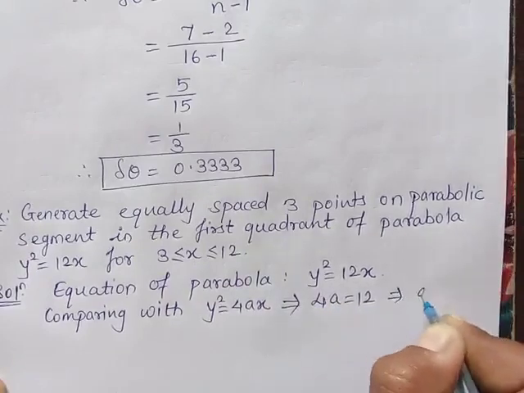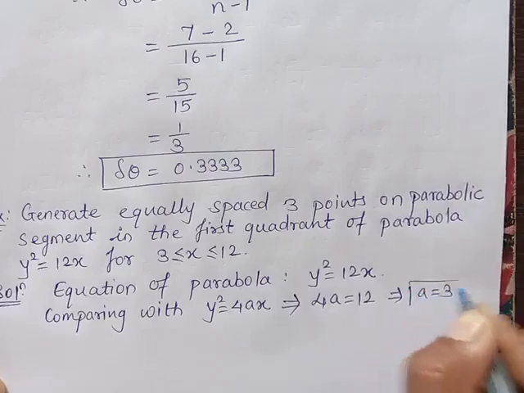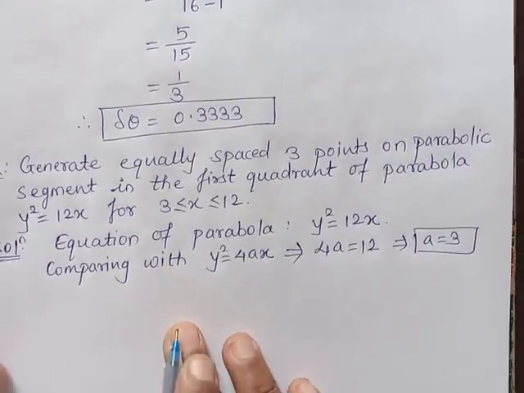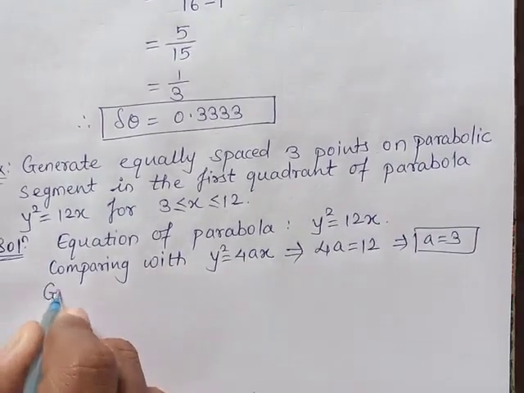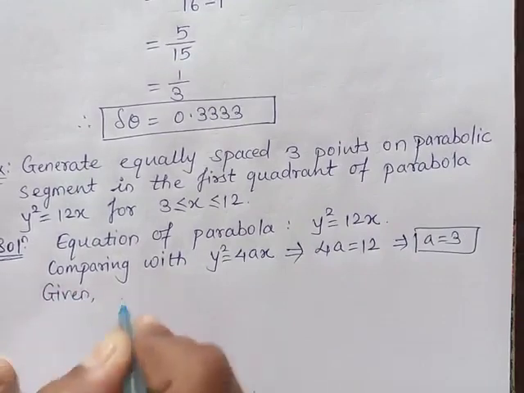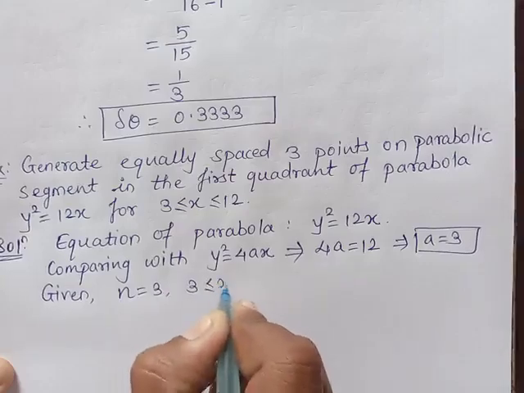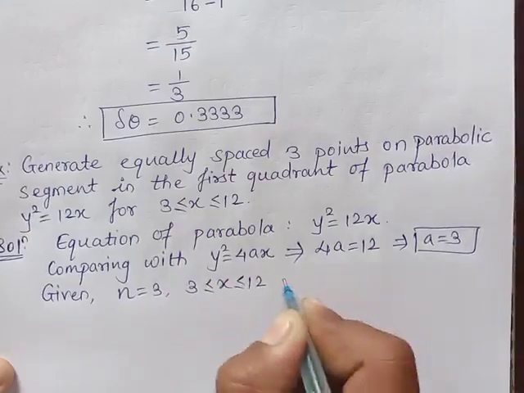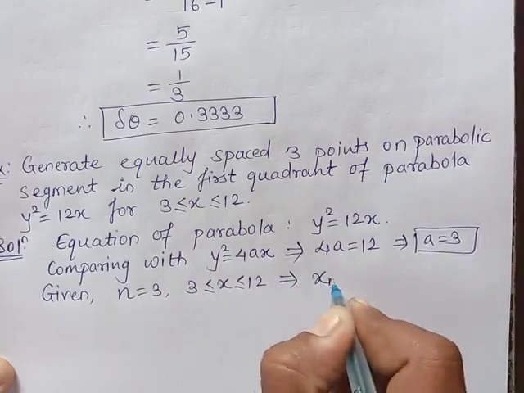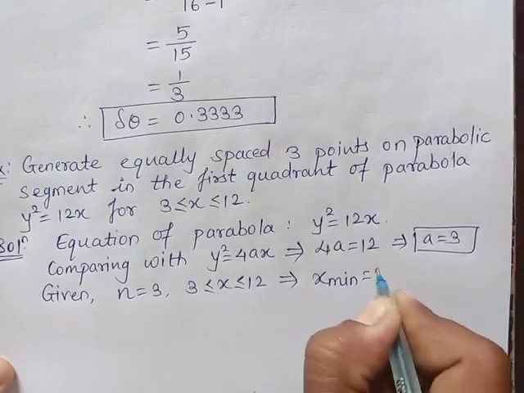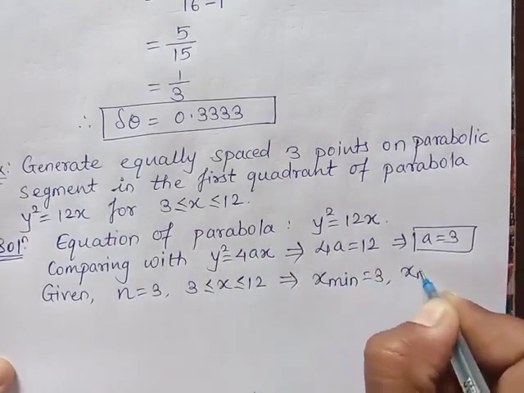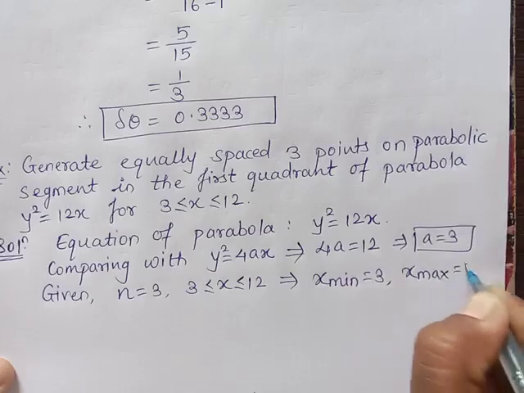That gives a equal to 3. Okay. Given n = 3, 3 ≤ x ≤ 12 gives x minimum equal to 3, x maximum equal to what? 12.